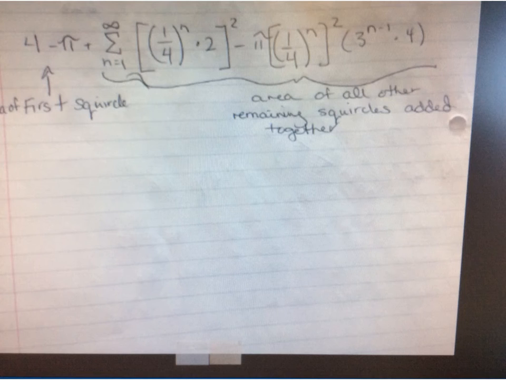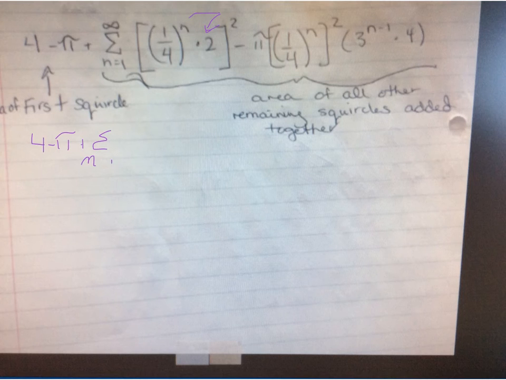Anyway, if you do want to do it, I'll go through it real quickly here again and explain it for you. So what I would do with this is keep your 4 minus pi, of course, for your first term. And then for your sum, this 2 squared, because everything's multiplied in this bracket, you can square both things, right?